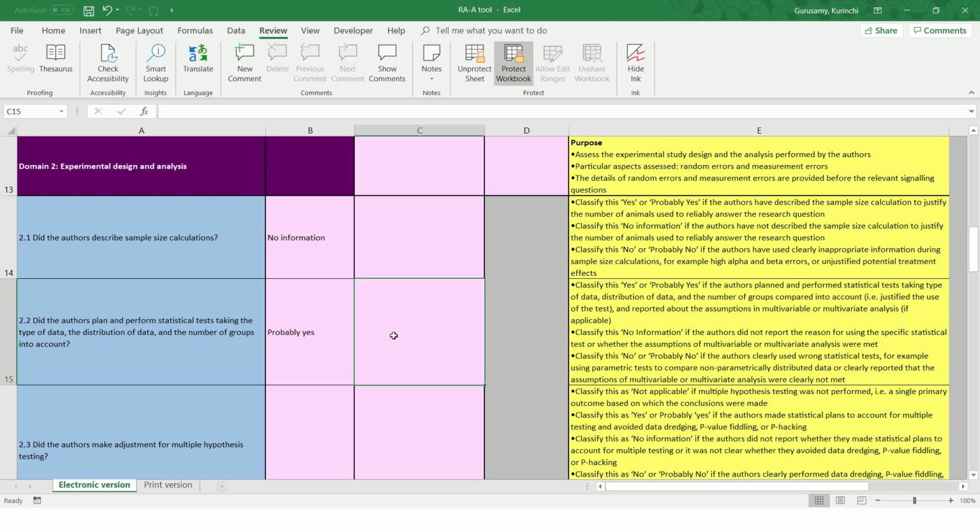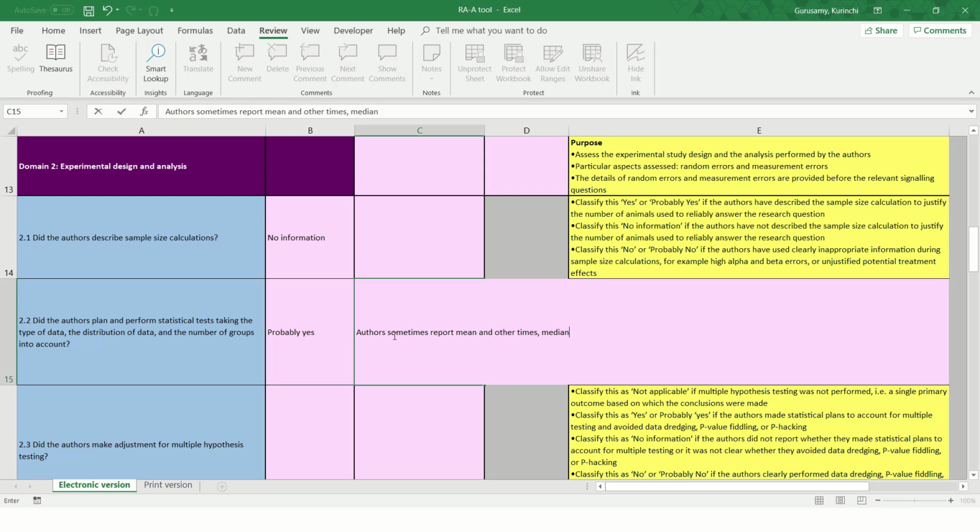So here I'm going to say authors sometimes report mean and other times median, probably indicating that they were guided by the type and distribution of data.